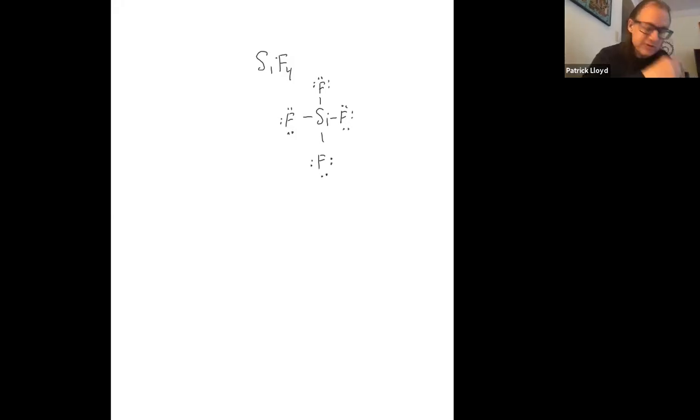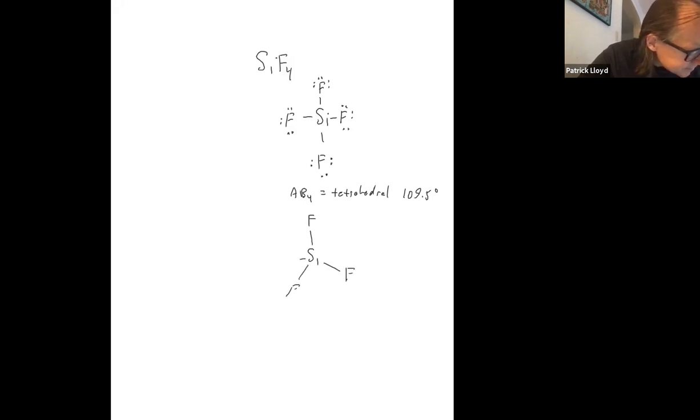Okay, so there's your Lewis structure for the SiF4. The second step is you figure out what the shape is, right? So you have AB4, which is tetrahedral, which is 109.5 degrees. Okay, well, I'm going to draw it just to show what it looks like. There's your tetrahedron.